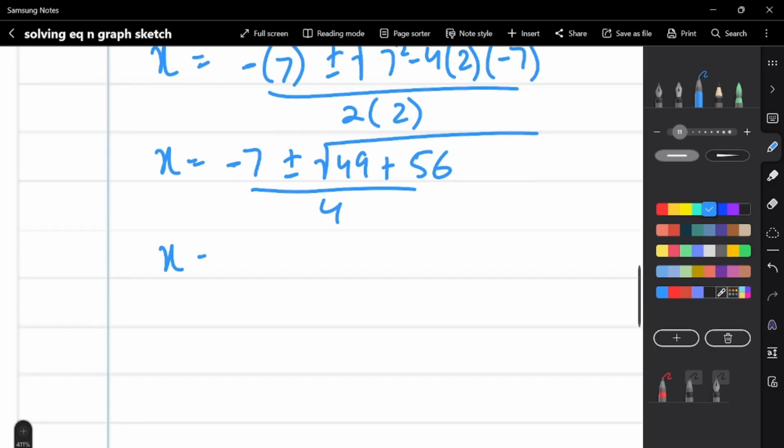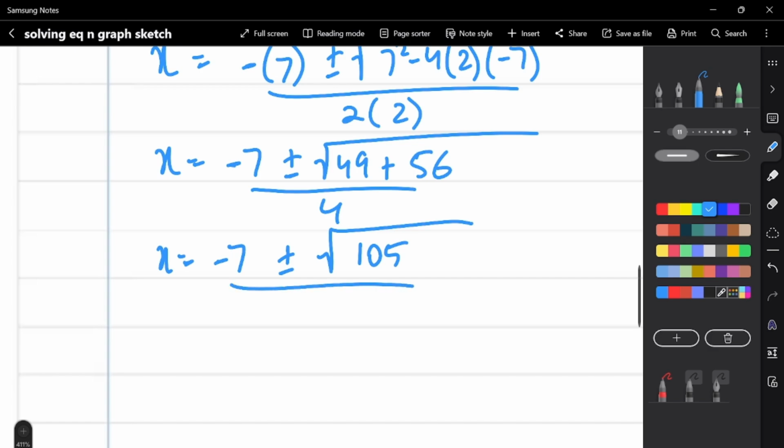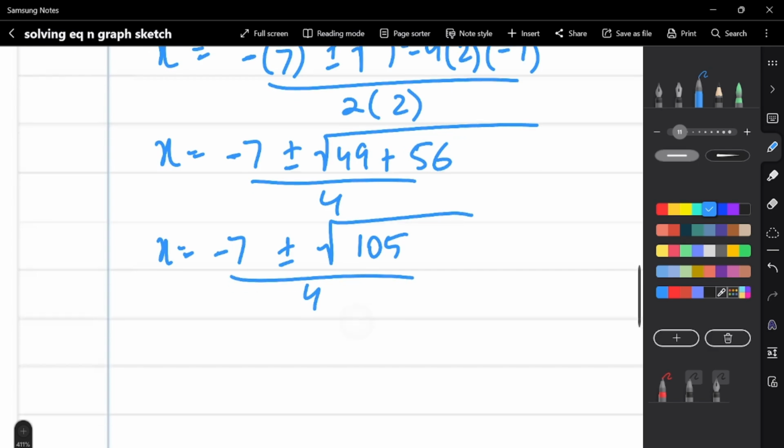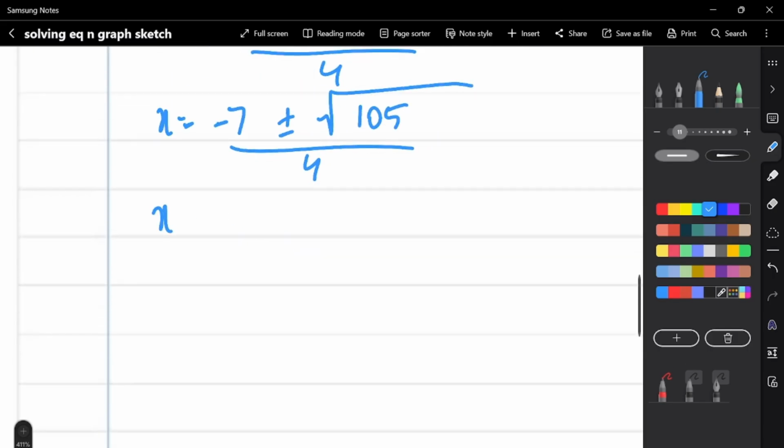Okay, I think that's enough. Now the first value I get is 0.8. Wait, let me just do one final step. 49 plus 56 gives us 105, I think. Yeah, 105.